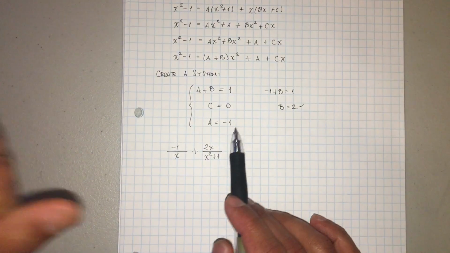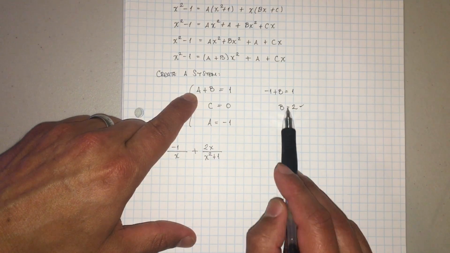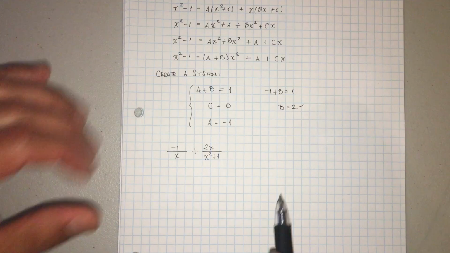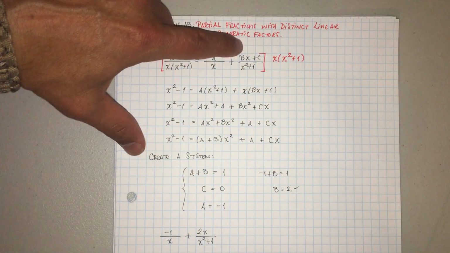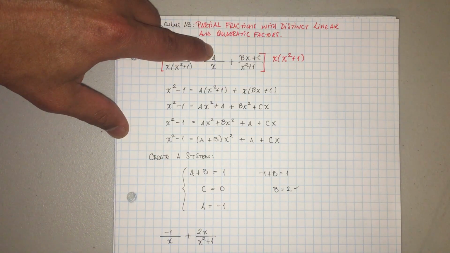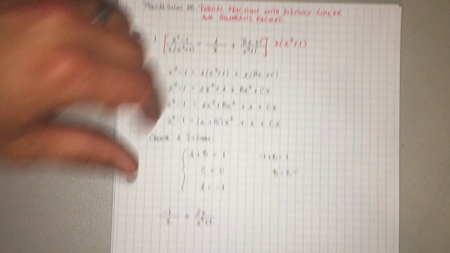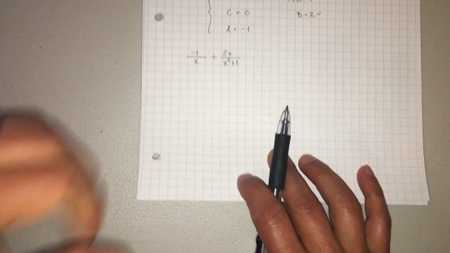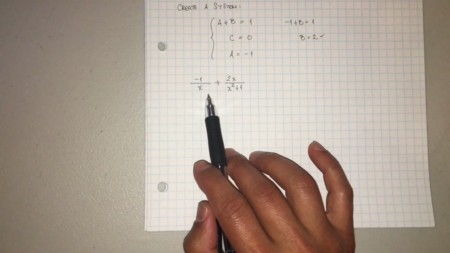Now we know that A is equal to -1, plug it in here, and I can solve B equals 2. So now, notice how we come up here. Okay, there's your A, your B, and your C. So A we know is -1, B is 2, and C is 0. So here we have, this is our decomposition.